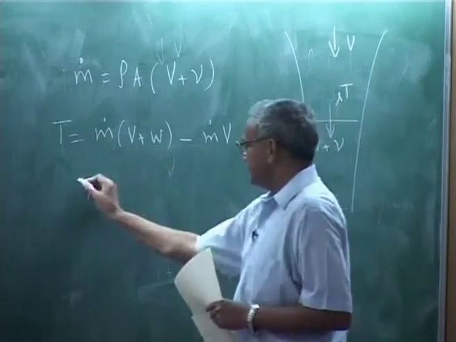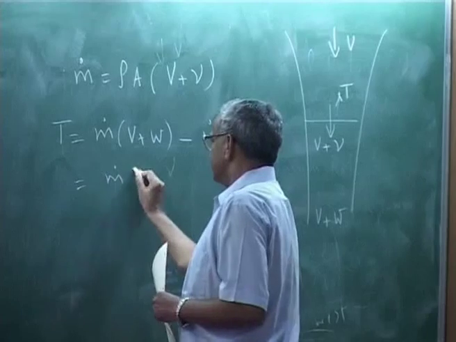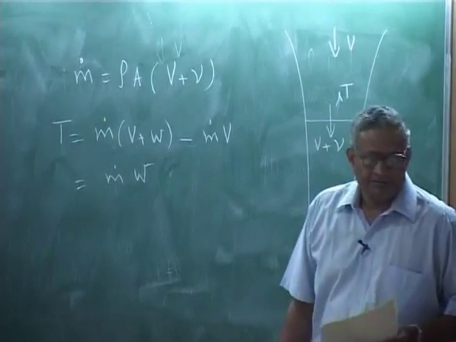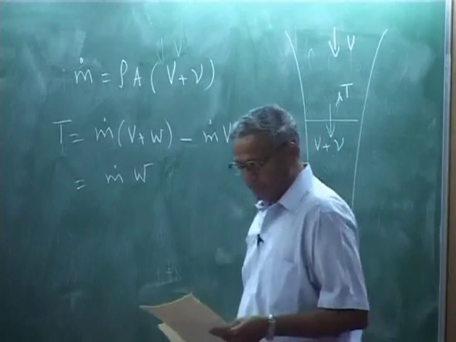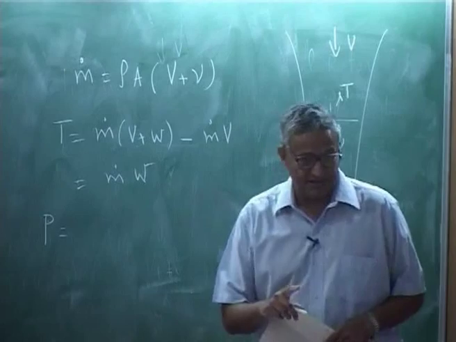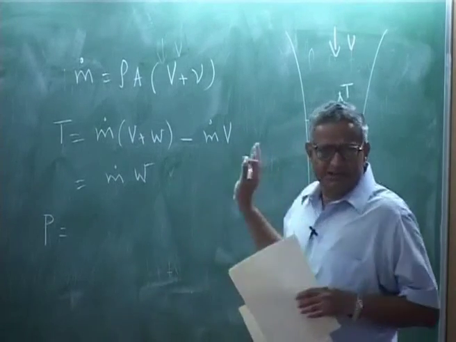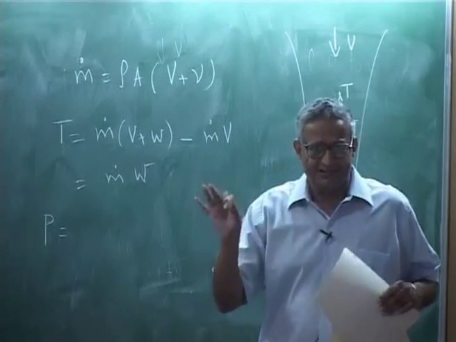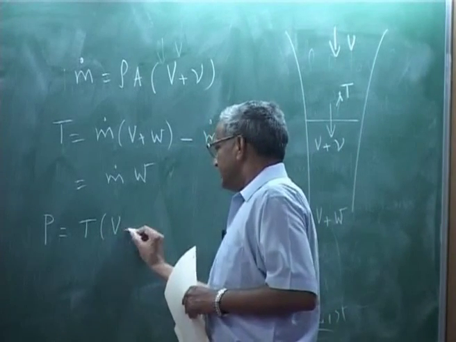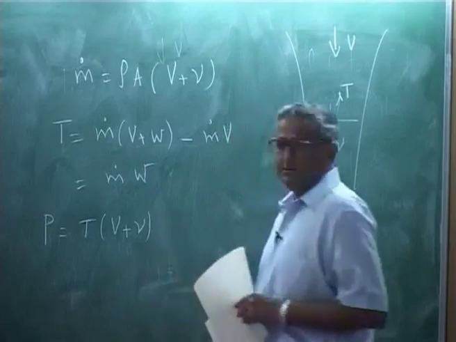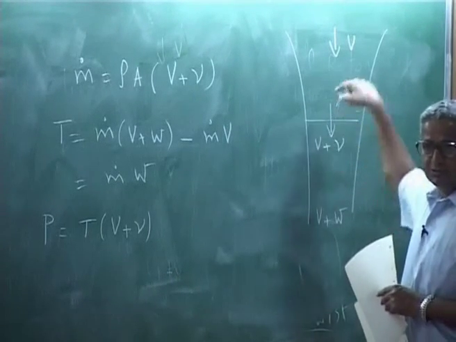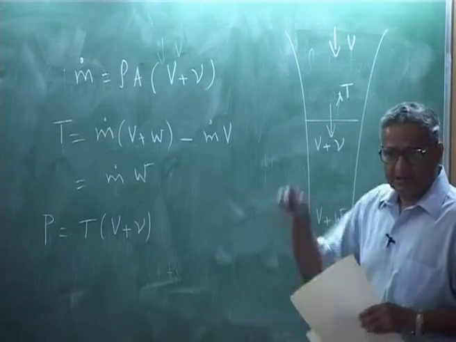So, this will be m dot W. Now, you take power. Power is induced power, please understand. This is because this is the momentum theory, we do not have any profile drag, nothing. Induced power P is thrust into V plus nu, because thrust is the force acting and V plus nu is the velocity there.